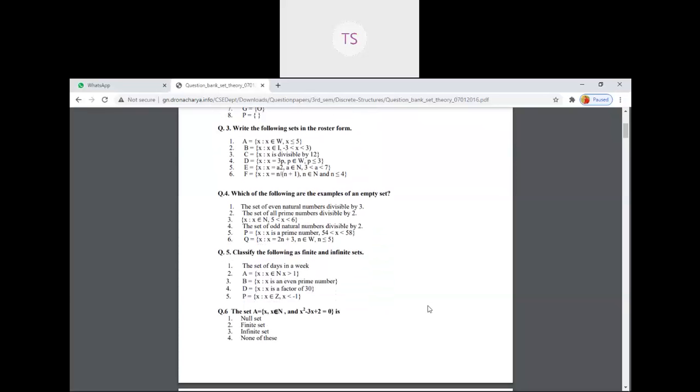Now tell me, from these 6 options, which is an example of an empty set? Let's see the first option: the set of even natural numbers divisible by 3. Is there any even natural number which is divisible by 3?